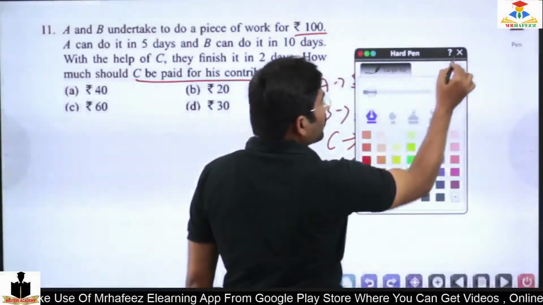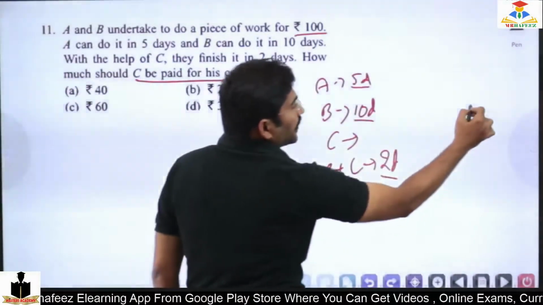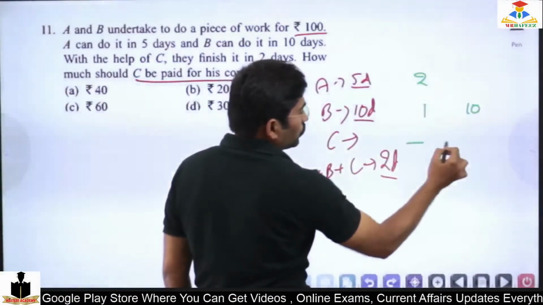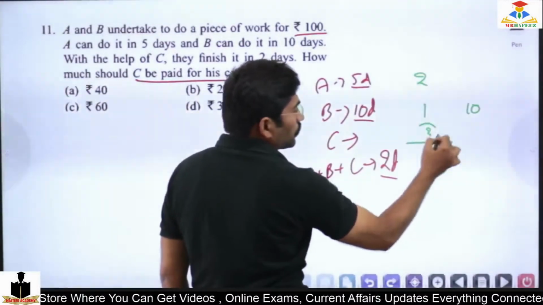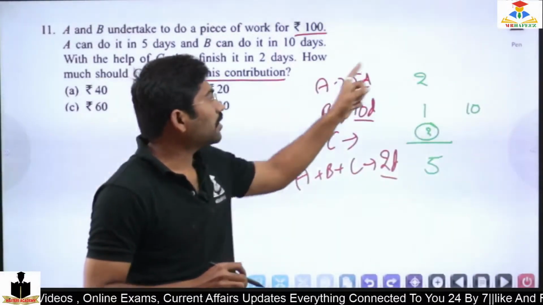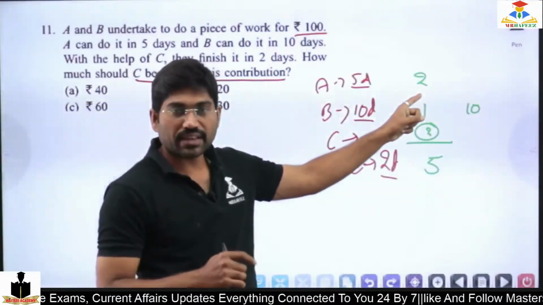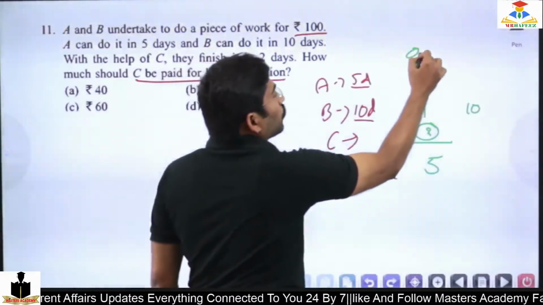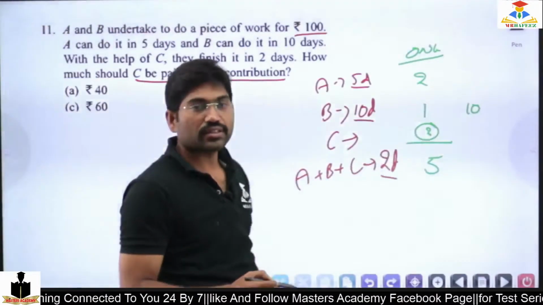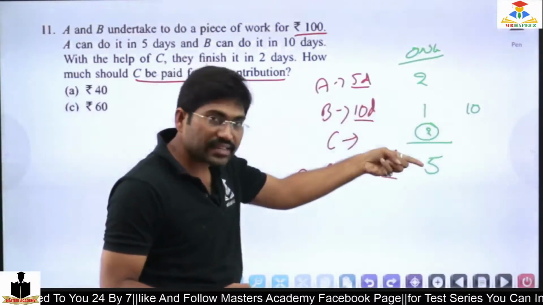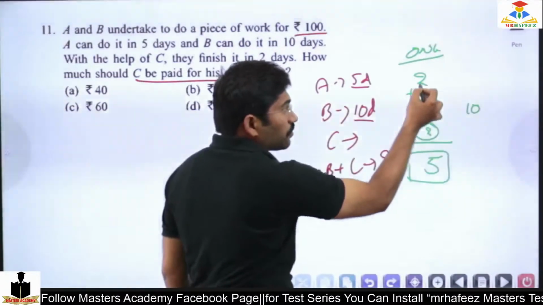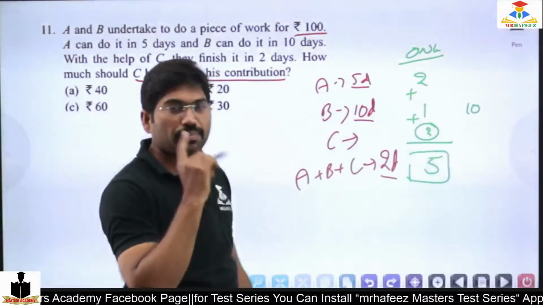What is the LCM of 5, 10, 2? It's 10. So A takes 5 days, so 2 parts of work per day; B takes 10 days, so 1 part; and together they take 2 days, so 5 parts. So A's 2 plus B's 1 is 3, and 3 plus what will be 5?